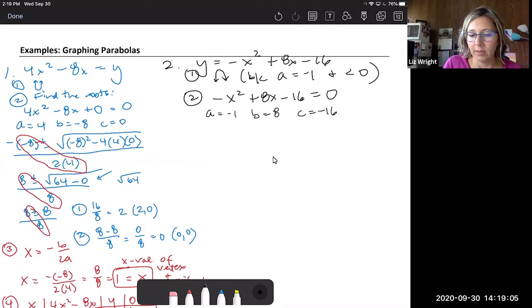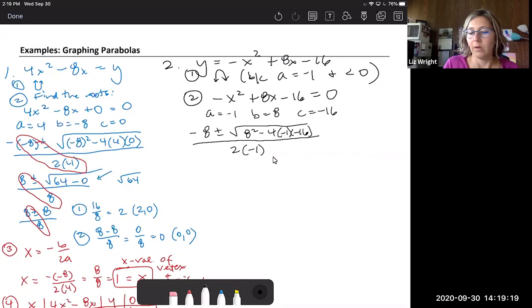And then it's going to be negative 8 plus or minus the square root of b squared minus 4ac, all over 2a. Okay, so now we've got negative 8 plus or minus. Here we're getting 64.